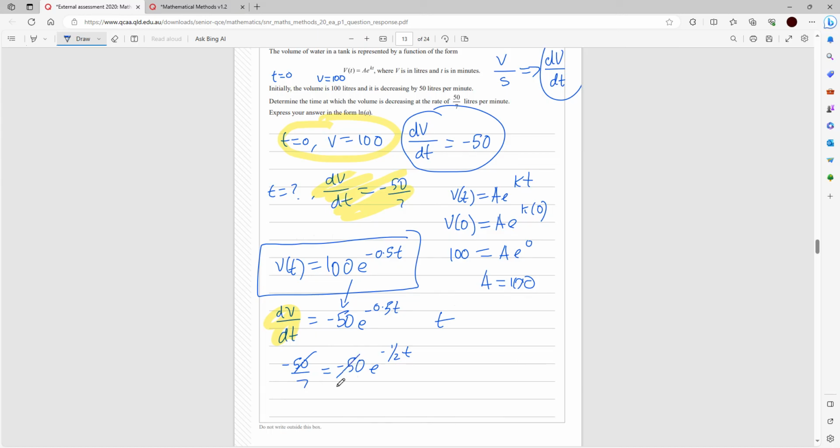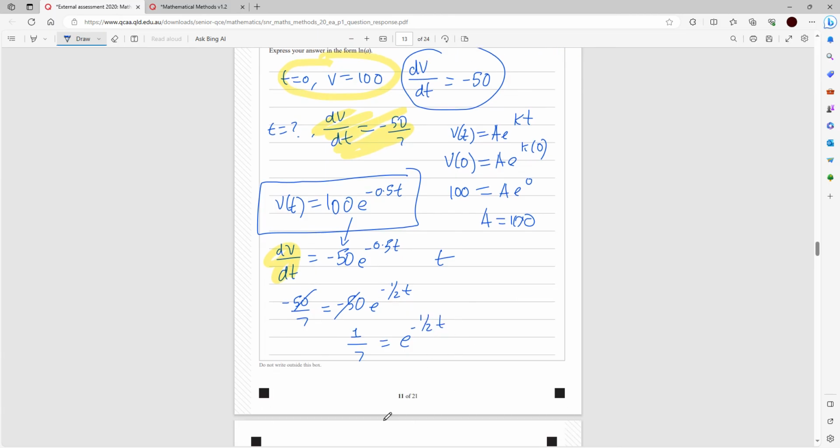Divide by negative 50. So you have 1 on 7 is equal to, oh, forgot the equal sign. My bad. 1 on 7 is equal to e to the negative a half t. Okay, so apply natural log. So natural log of 1 on 7 is equal to negative a half t.